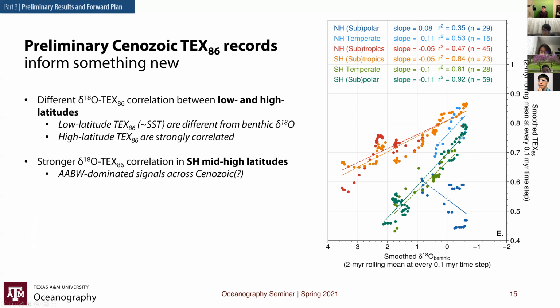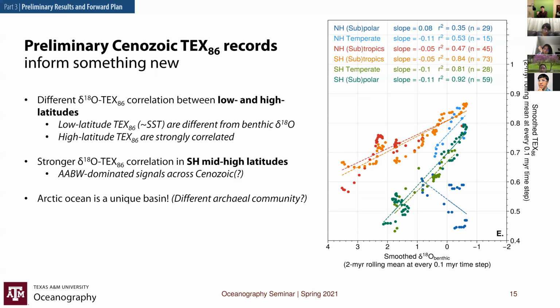But if you see the blue data points, you might be curious what the heck is going on here in the northern polar region. That is the data from the Arctic Ocean, and it's not out of what we expected, because in TEX86 studies we tend to exclude samples from the Arctic Ocean.